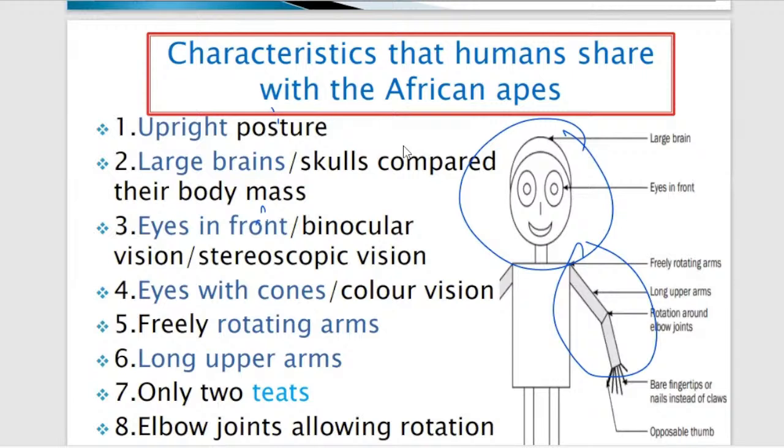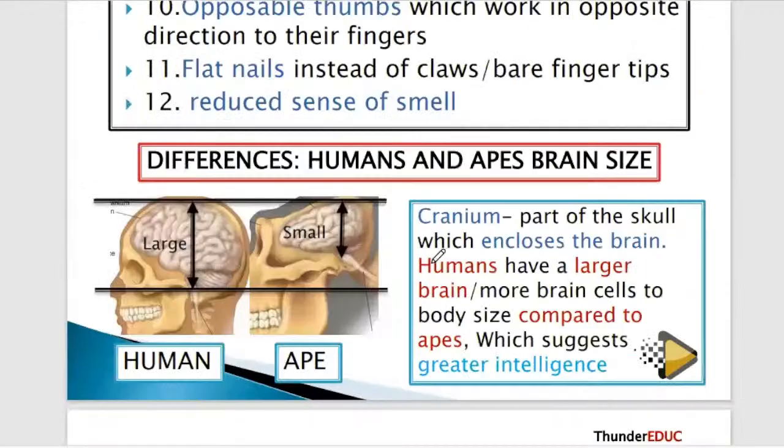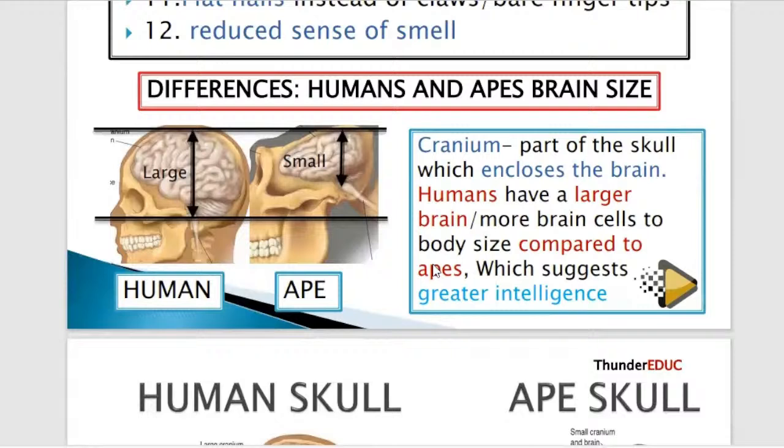Yes, the fingers, opposable thumb, you have the nails instead of claws. You just look at your hand and then you describe your hand. When you talk about the head, look at your head and then state: large cranium or large brain, eyes in front. So you look at your head and then you describe exactly what you have. Then you get the marks. It's not a big deal there.